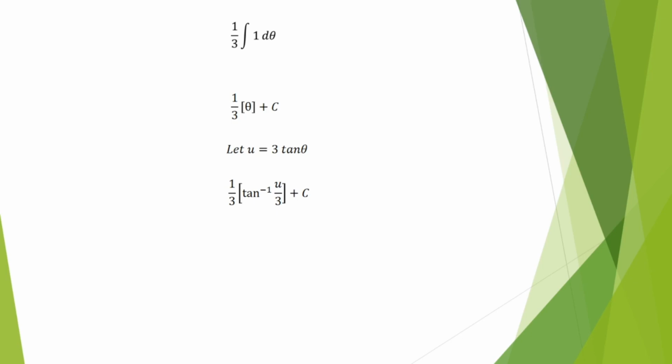I started this problem in terms of x, so I need to look back again at what I let u be. We said let u equal tangent of x. That was the first substitution we made. So I'm going to replace u with tangent of x, and I'm going to be left with 1/3 times the inverse tangent of tangent x over 3, plus the constant c.